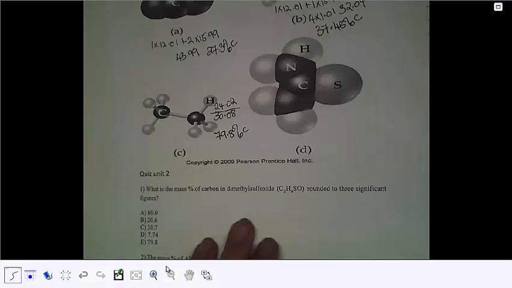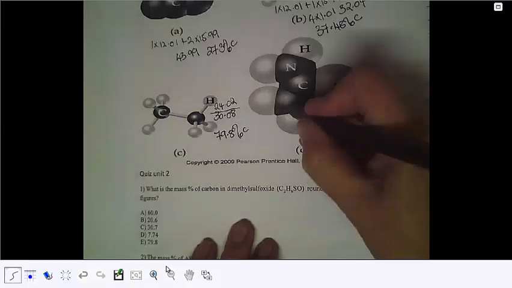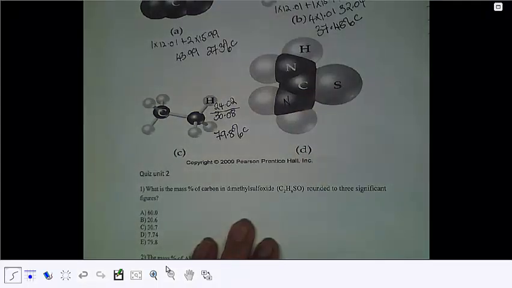Finally, this molecule here may not be so easy to distinguish. There are actually 2 nitrogen atoms, 1 carbon, 1 sulfur, and 4 hydrogens.